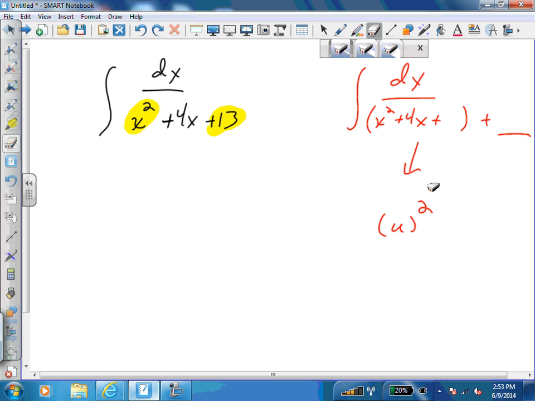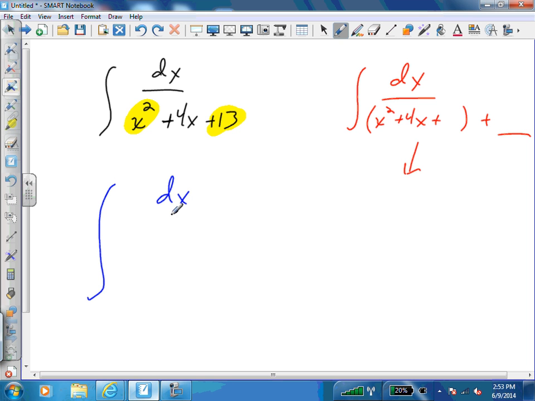So if we have x squared plus 4x, x squared plus 4x, and let's bring the 13 over here. How do we find out what number, when added to that, would make this part a perfect square?